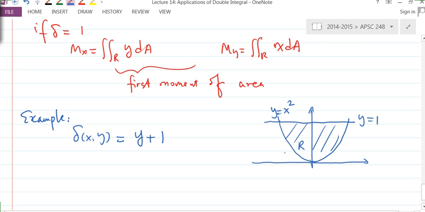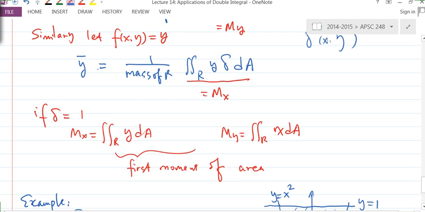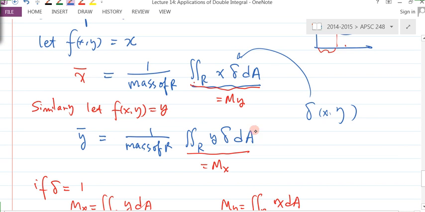We wonder where the center of mass is for this region R, so we just need to apply the formulas for x bar and y bar. To apply them, we need to do two kinds of calculations. One is to calculate the mass of the thin plate, and the other is to calculate this double integral, and then we divide them to get x bar and y bar.